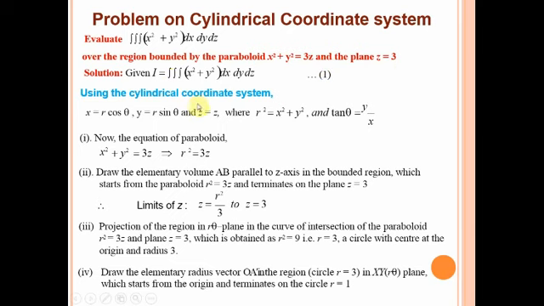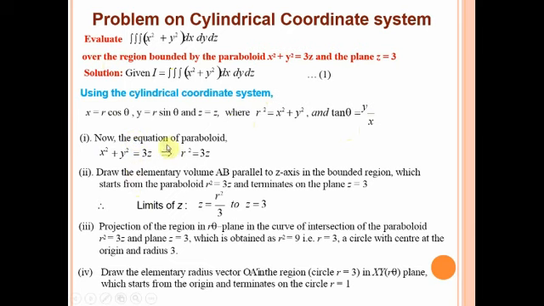So if we use the cylindrical coordinate system, x is equal to r cos theta, y is equal to r sin theta, and z is equal to z. In terms of these, x square plus y square is equal to r square, and y by x is equal to tan theta, so we can find these values easily.